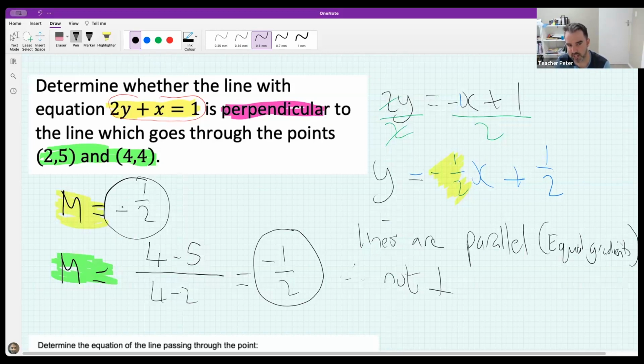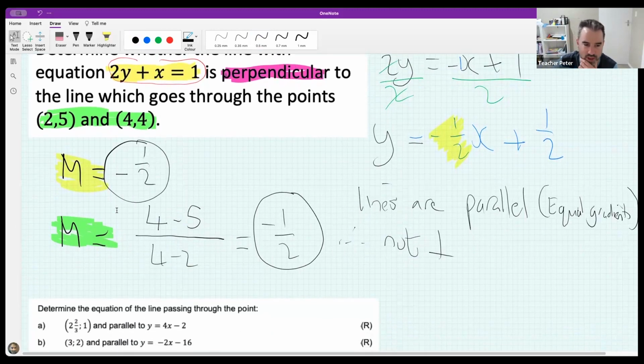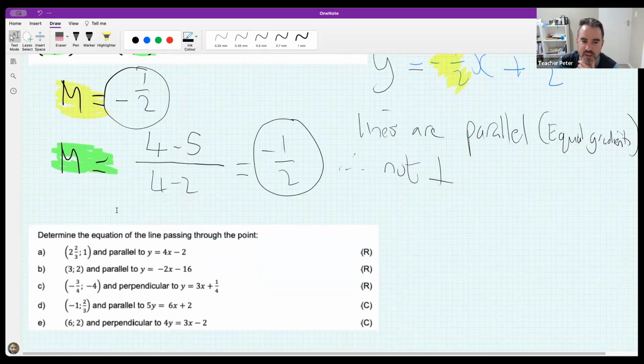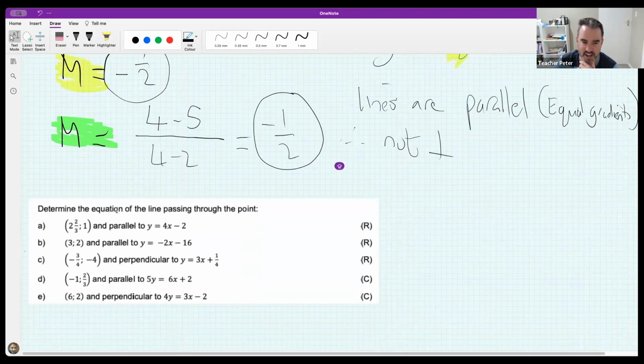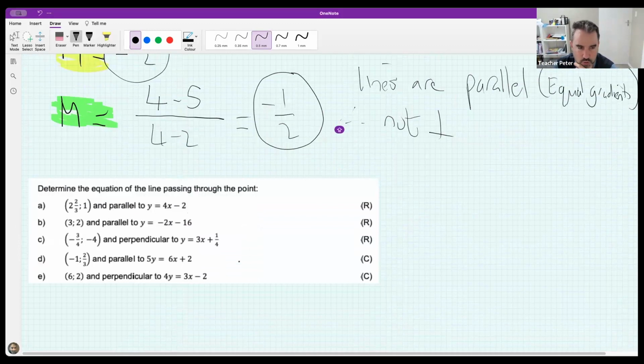If they were perpendicular, the one would be -1/2 and the other one would be +2. Okay, so we can ask these questions in different ways, but that was mainly just a sneaky way of doing that.